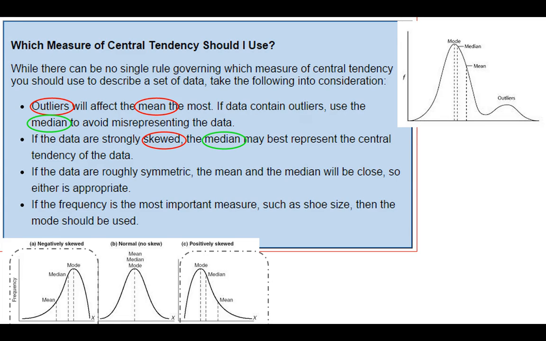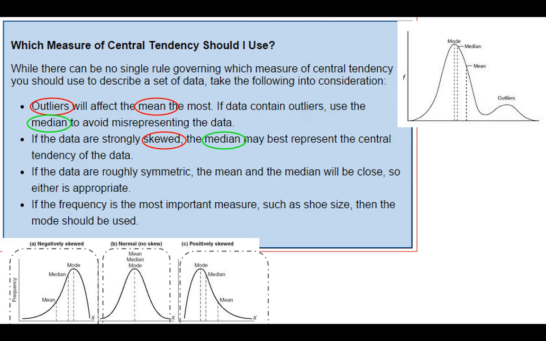The mean in a negatively skewed frequency is too low. In a positively skewed frequency, it is too high to represent most of the data points, while the median does a pretty good job of cutting the upper half and the lower half and representing the midpoint.